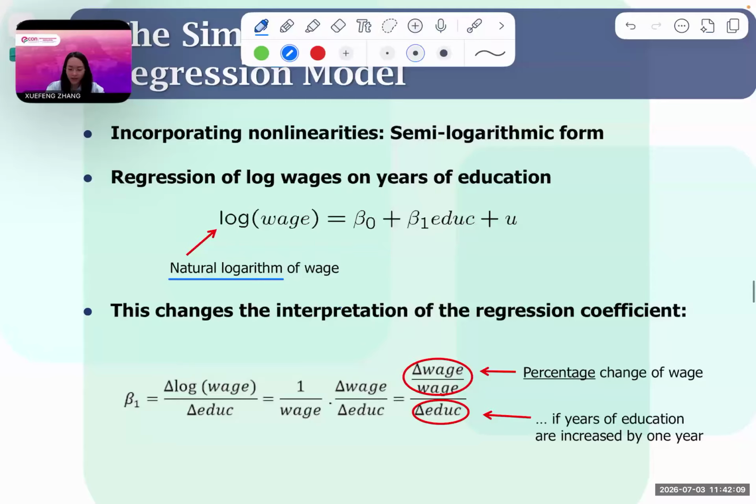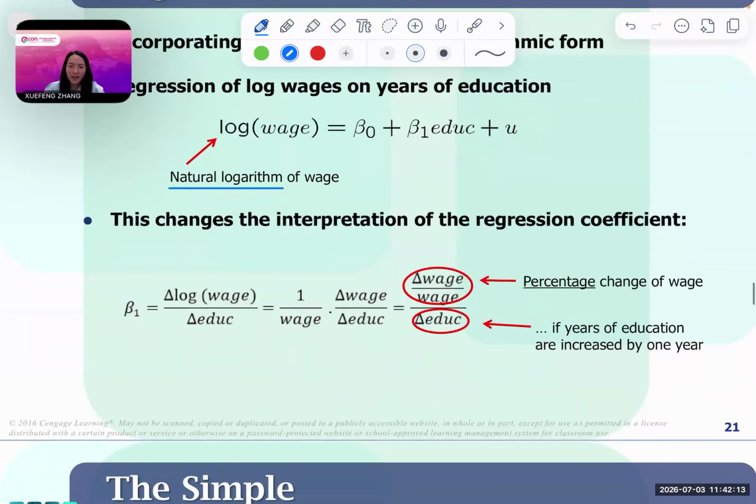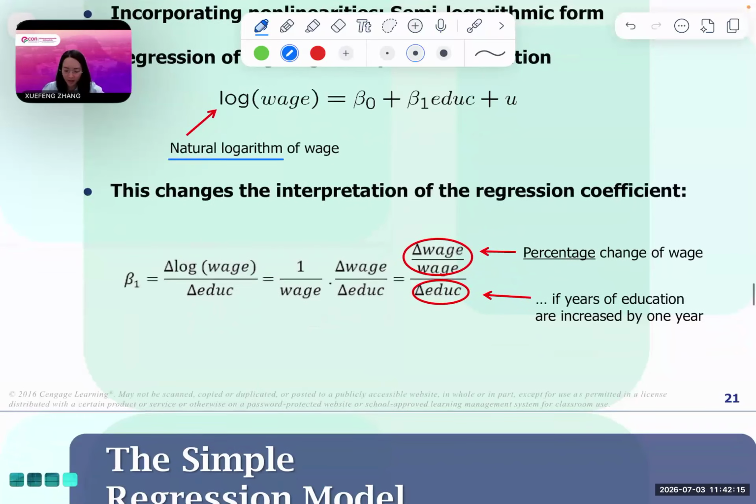So this changed the interpretation of the regression coefficient. Let's see how the interpretation changes. So here we have beta 1 equal to the percentage change in wage and also the change in education, okay? Which means that if you rearrange it, 1 over wage times the change in wage over the change in education.